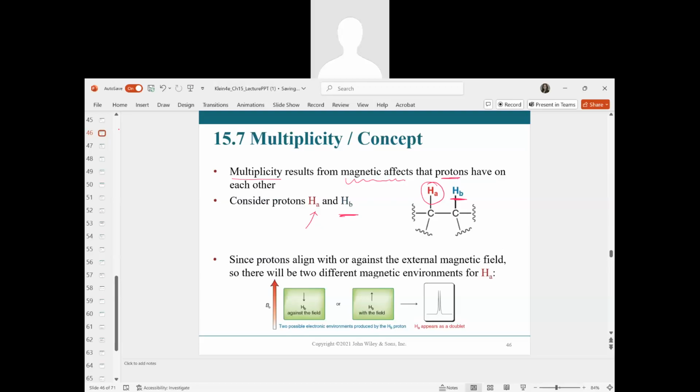We have these 2 protons, and we know that we have our external magnetic field here. Proton B can be either against the field or with the field.